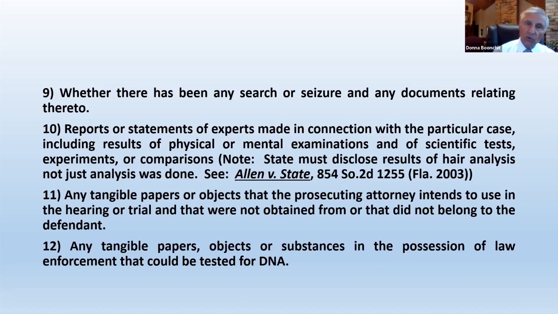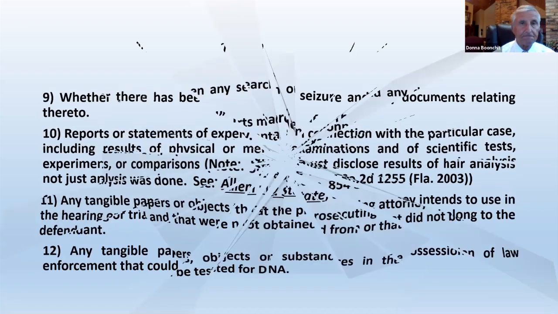Now, there's a new rule that says the defense, well, we're going to go over the defense's obligations in a minute, but that's the state's obligation: reports or statements made by experts, regardless of the outcome of those reports. Number eleven, any tangible papers or objects that the prosecuting attorney intends to use in the hearing or trial and that were not obtained from or did not belong to the defendant. Twelve, any tangible papers, objects, or substances in the possession of law enforcement that could be tested for DNA.